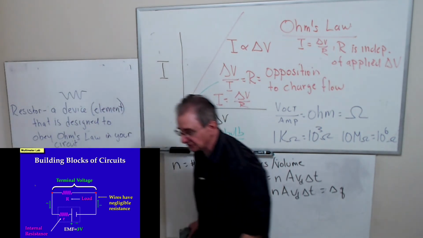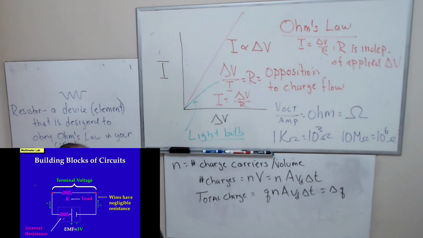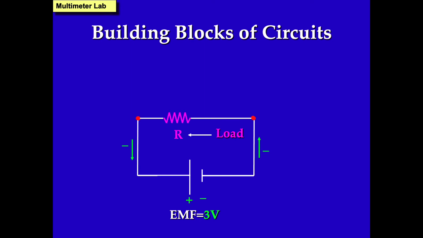So let's take a look at this picture. The green arrows represent the flow of electrons. The EMF means electromotive force. It's the battery rating. It's actually what it says on your battery, what the value is.